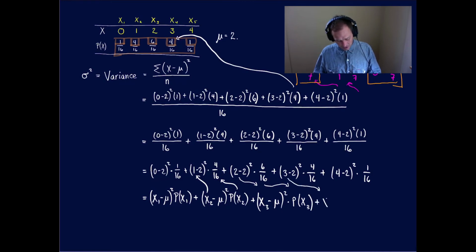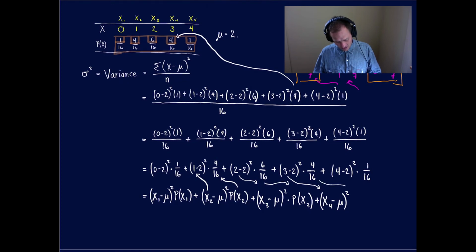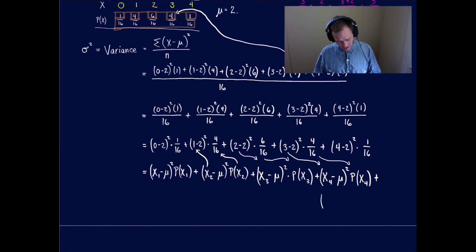Plus, then the next one, this 3 was our x4, minus the mean, which is mu, squared, and then the 4/16, well, that is the probability of x4. Plus our last one is x5 minus mu squared times the probability of x5.